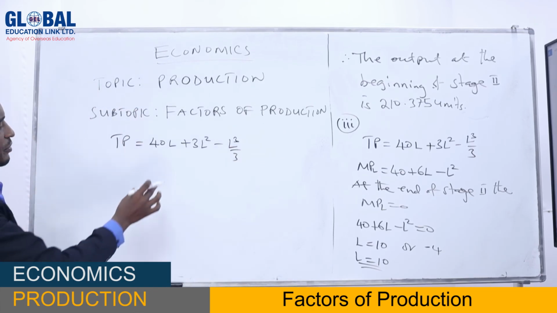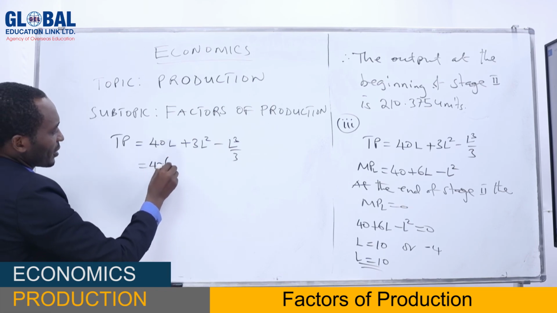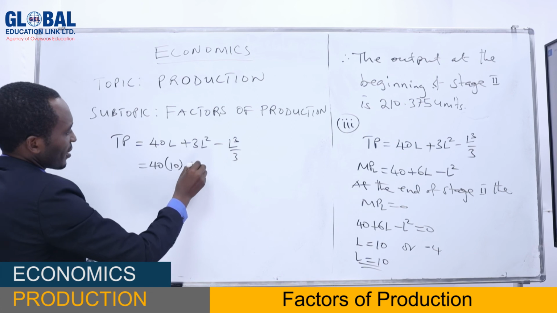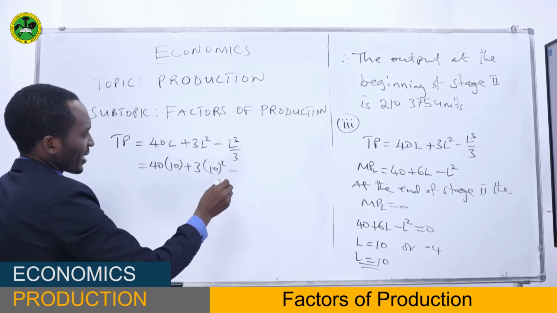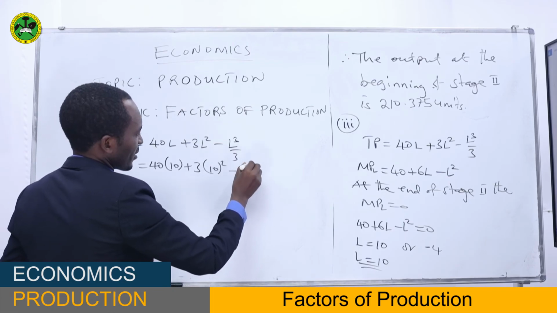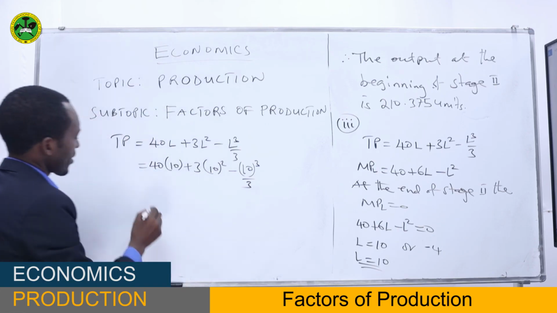So when you substitute 10, it will be 4 times 10 plus 3 times 10 square minus 10 cubed over 3.